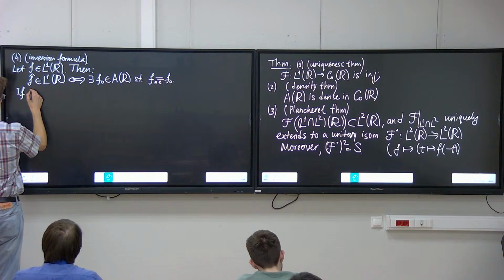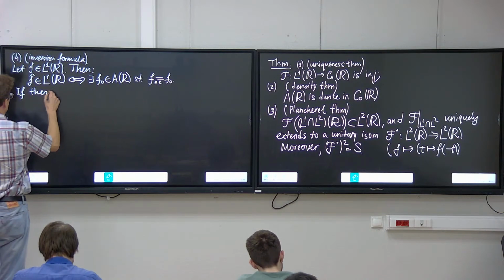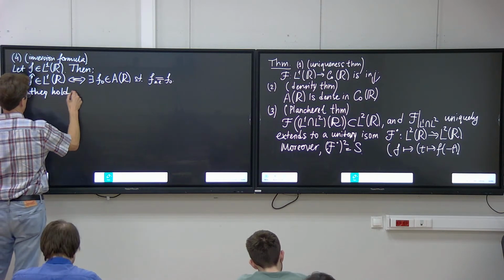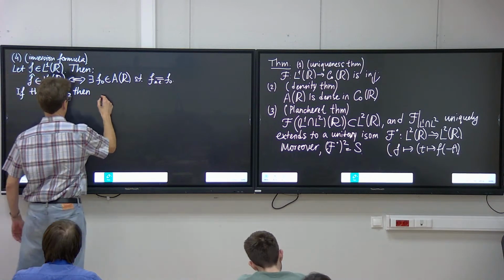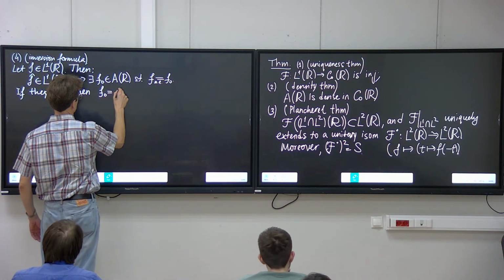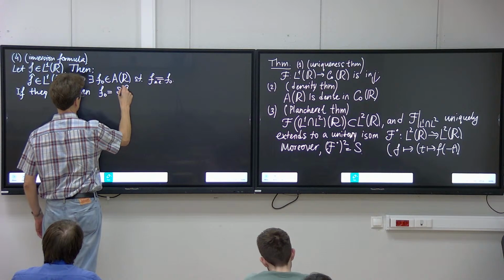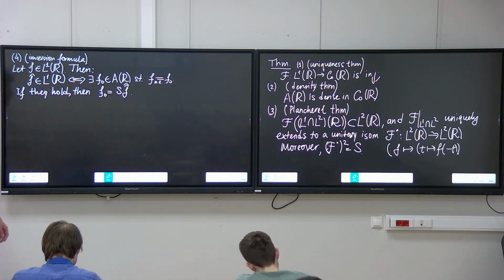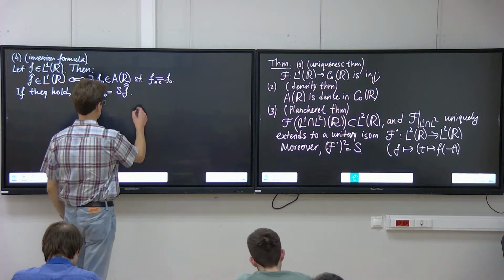And if these properties hold, then f0 can be reconstructed from the Fourier transform of f by the following formula. So we apply the Fourier transform twice, which is reasonable because f hat is also assumed to be integrable, and apply the antipode and obtain f0.